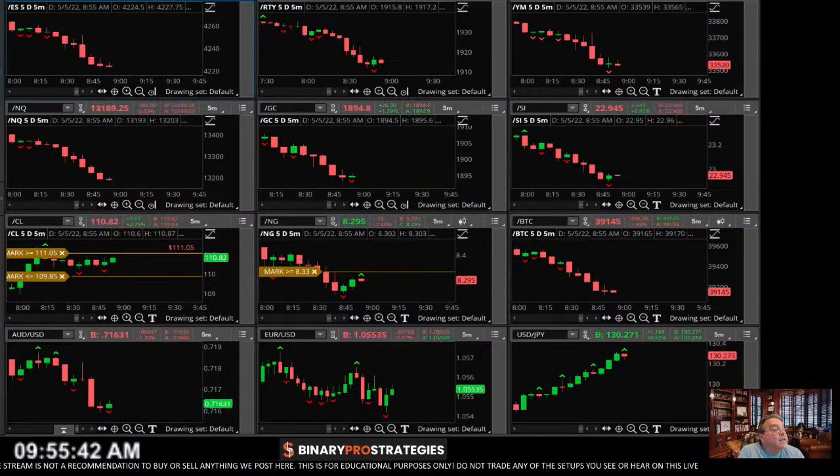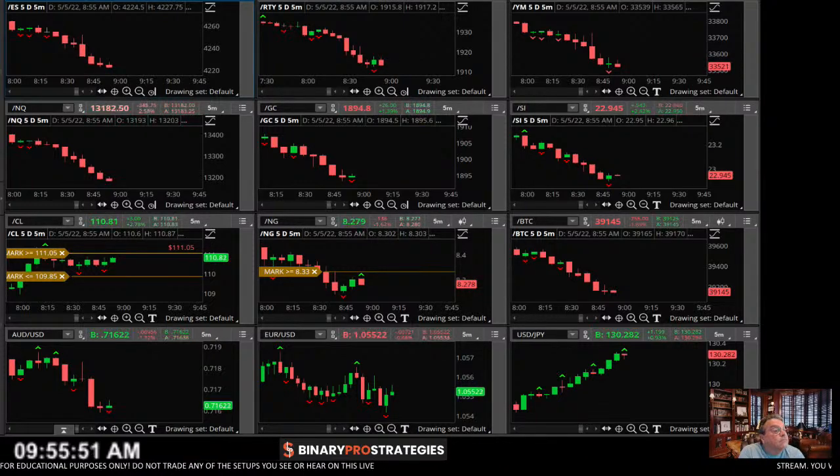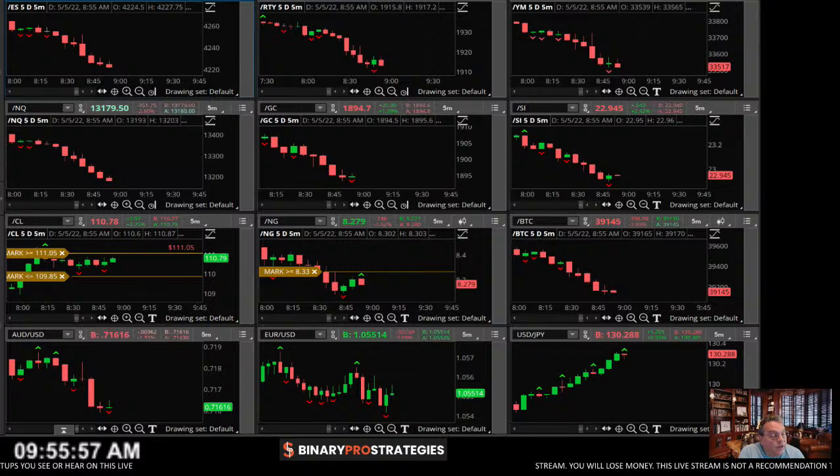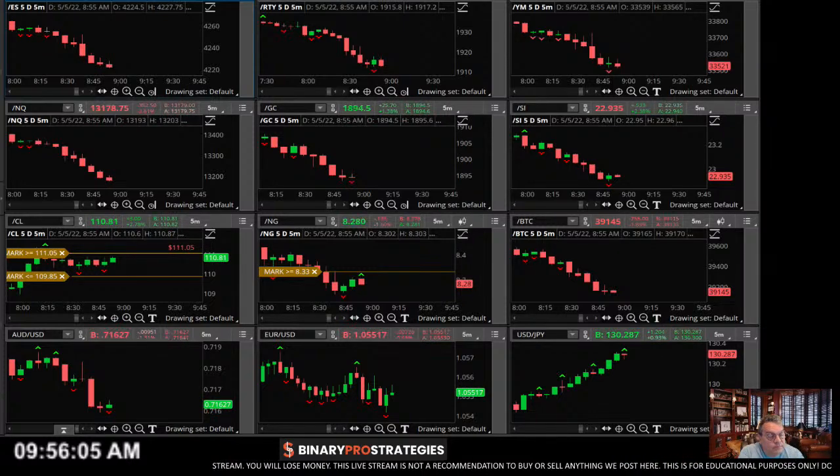Reversal on natural gas is going to be, let's see here. My reversal is going to be 824. So that's where I would reverse my long and go short.